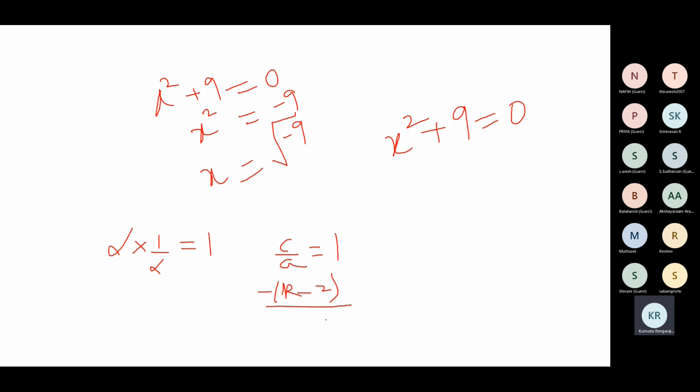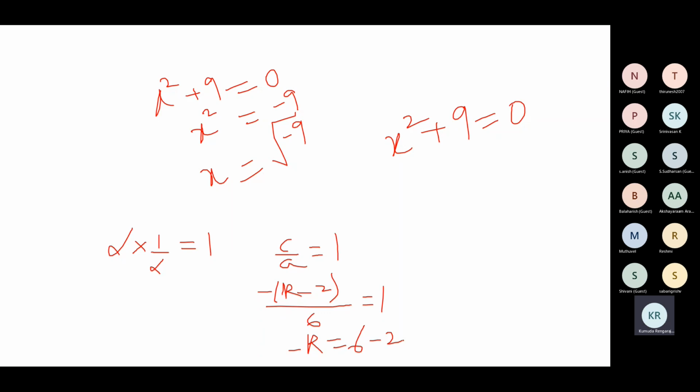The value of A is 6. So minus K minus 2 by 6 is equal to 1. So we need to work this. So we get minus K is equal to 6 plus 2, that is 8, so K is minus 8... Alpha, 1 by alpha.